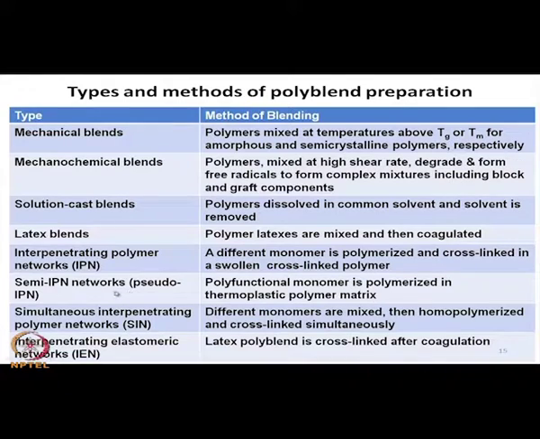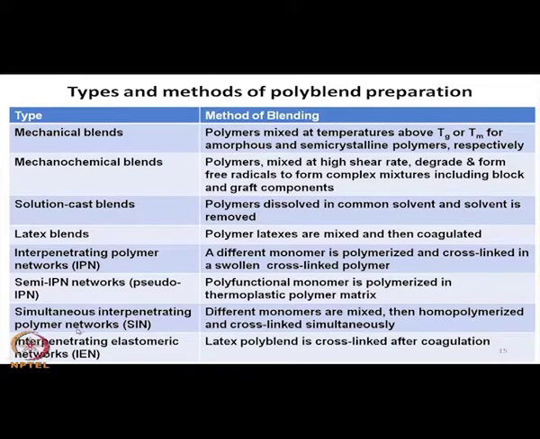That is known as semi-IPN. Since it is thermoplastic, it is not cross-linked, whereas this polyfunctional monomer having functionality more than 2 will form a 3-dimensional cross-linked network. So, this is cross-linked, this is not cross-linked. So, we call it a semi-IPN network or pseudo-IPN network polymer, network blend.